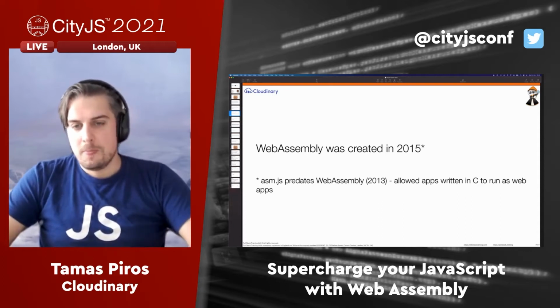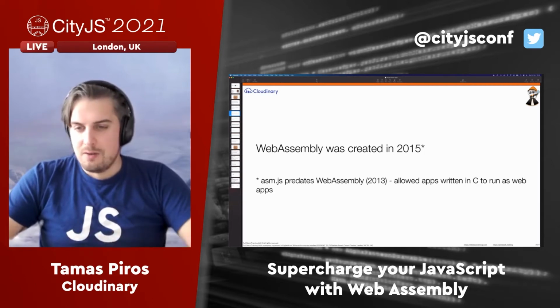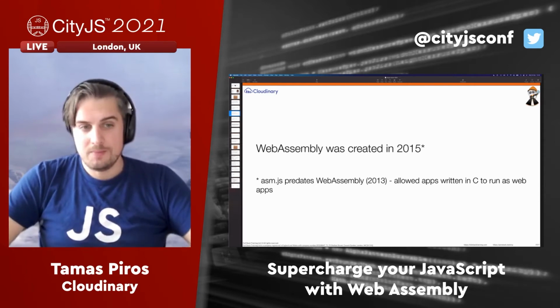It tries to sort of port applications written in a lower level language like C, and then allow you to execute them on the web. So that is the essence of WebAssembly.